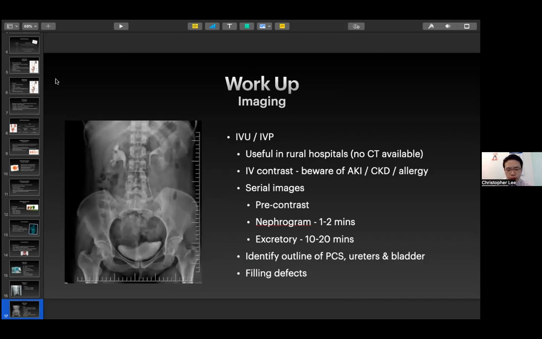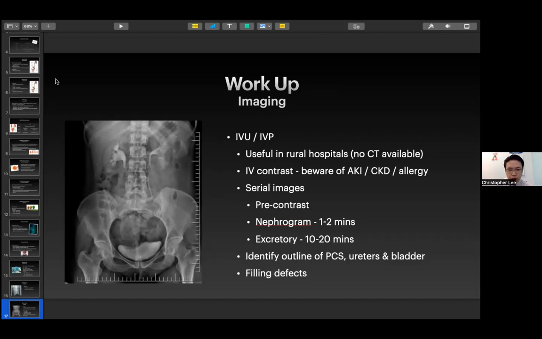This is done by serial imaging. First of all, a pre-contrast X-ray is taken, which is essentially a KUB X-ray. And after the infusion of IV contrast, you can take a nephrogram at 1 to 2 minutes, and in the nephrogram, the renal parenchyma will be enhanced, and you can see the renal outline on the X-ray. After about 10 to 20 minutes, you take an excretory phase.